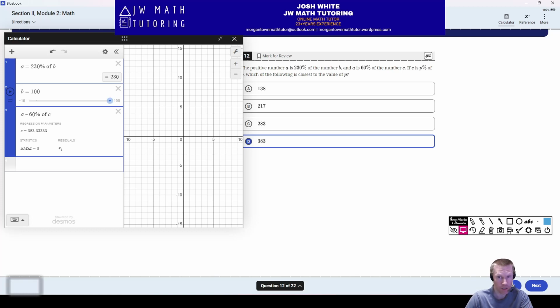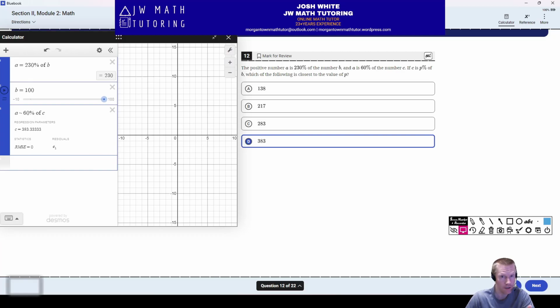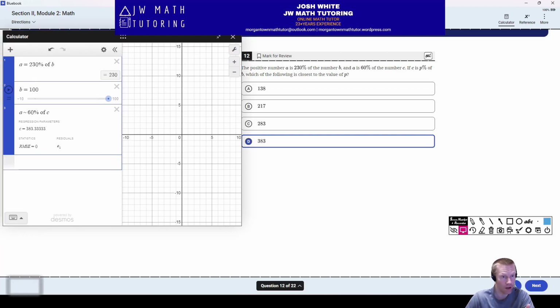And the reason is because I defined C as P% of B, that's given. But because I defined B as 100, basically this number right here is going to be my correct answer, because this is basically the percentage, multiplied by B, or multiplied by 100.